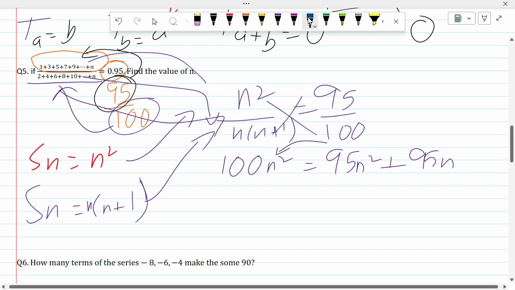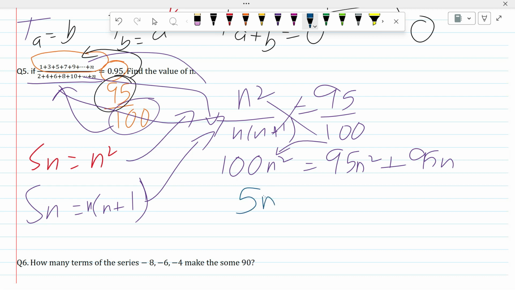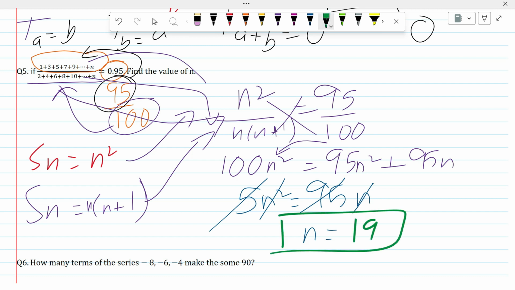When you take this here, you will get 5 n square, which will be equal to 95n. Now cancel this, and you will get n is equal to 19. This is the answer over here.